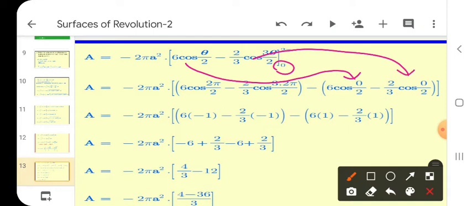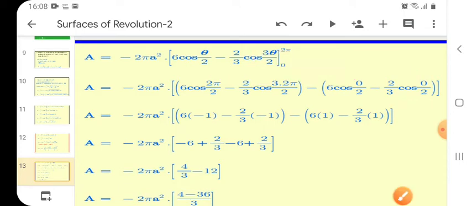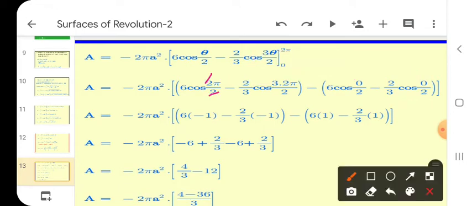So I write 2 by 3 cos 0 by 2. Tell me, 2 cancel. What is the remaining here? Cos pi. Cos pi value is minus 1. Here also I cancel 2. What is 3 pi? Cos 3 pi is also minus 1. So minus 1. 6 cos 0 value 1 minus 2 by 3. Here also cos 0 value is 1.